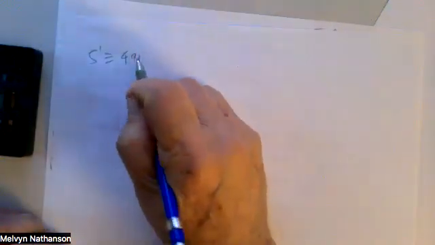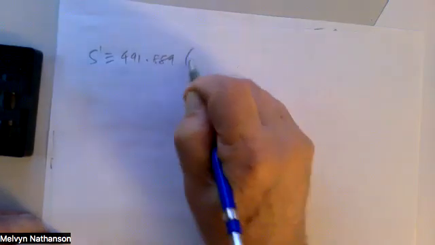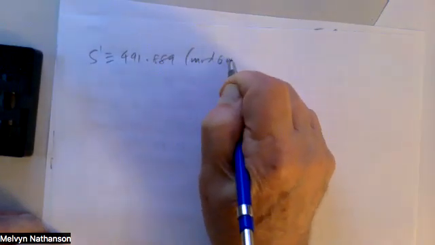So S prime is congruent to 491 times 889 mod 600.